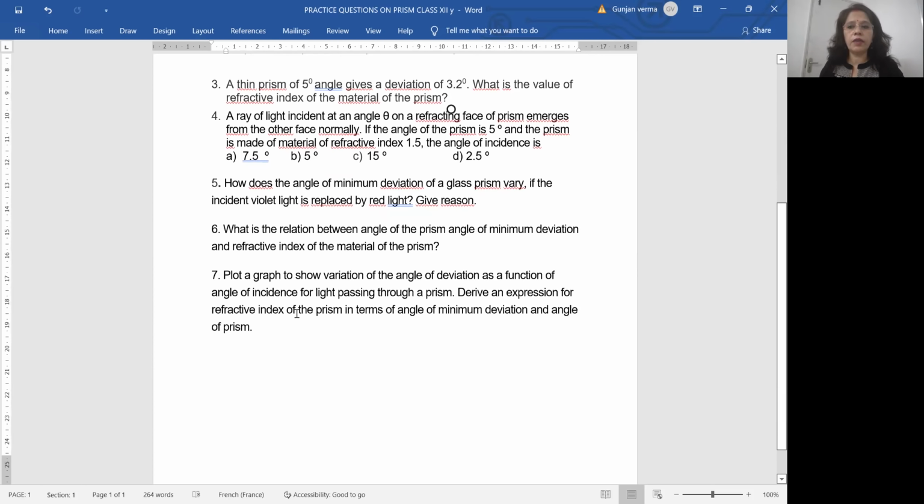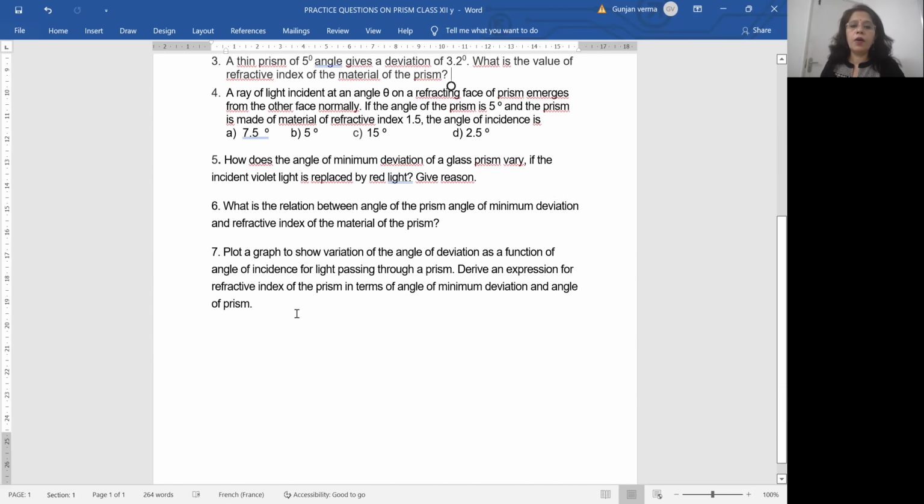Now question 5, and of course your competitive exams are there. How does the angle of minimum deviation of a glass prism vary if the incident violet light is replaced by red light? It depends upon wavelength, refractive index. This I am giving you as a hint and you will write the reason.